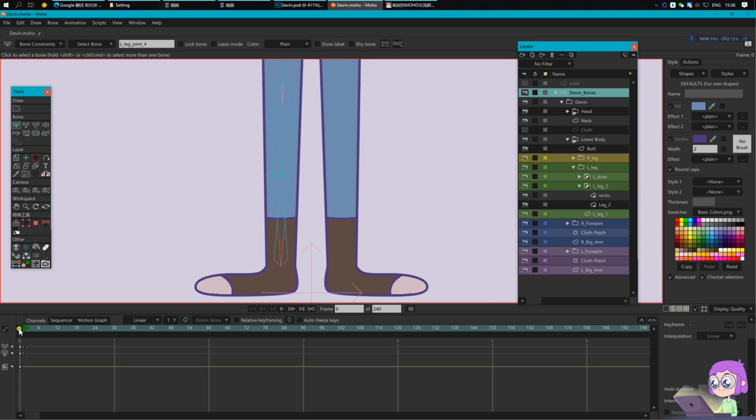I will set a bone to bind the socks later. Create a socks bone and connect it to the medium length bone.